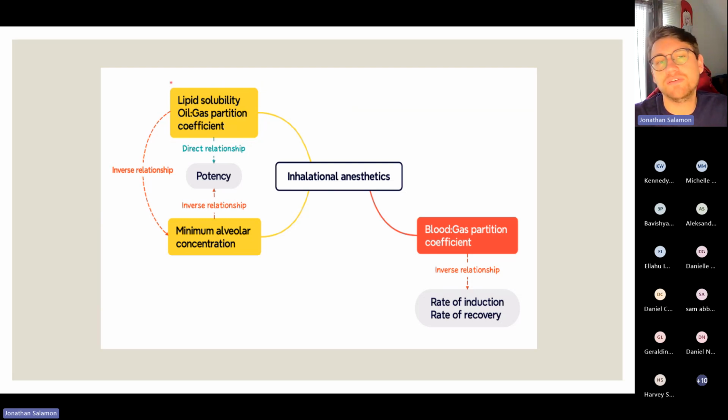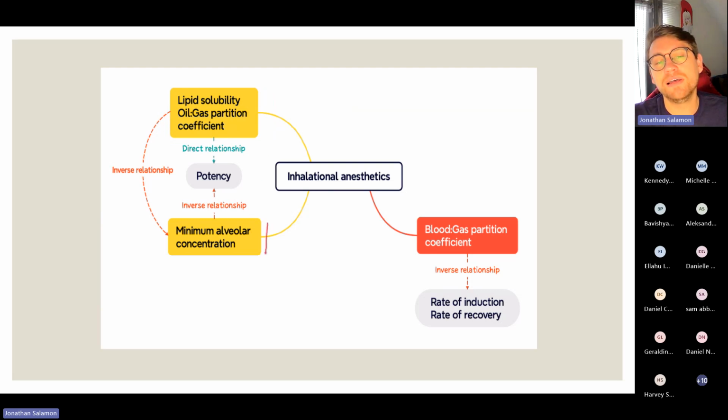That's how you should think of it. If it crosses the blood-brain barrier more readily, then you need less of it inhaled to do what it wants to do, right? Increases potency. High potency, low minimum alveolar concentration. If it can cross the blood-brain barrier easily, we need less of it to do its job.